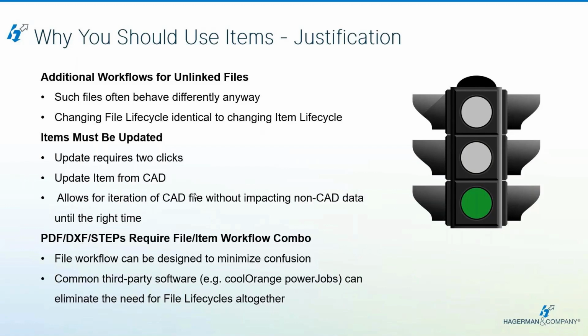And a hurdle that a lot of people don't think about, this is newer behavior in Vault where you can automatically create PDF, DXF, and STEP files. Out of the box, like the default behavior in Vault, you can only queue up those jobs against files when you're using file life cycles.